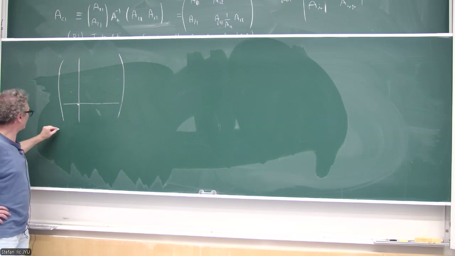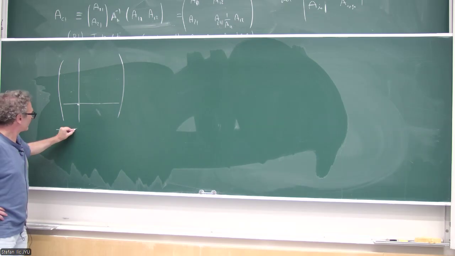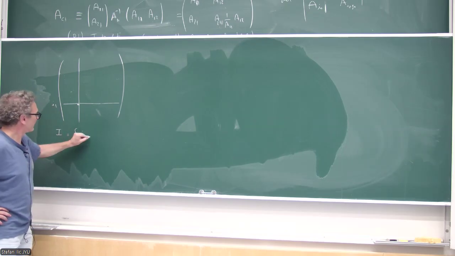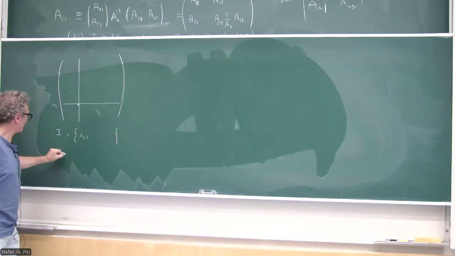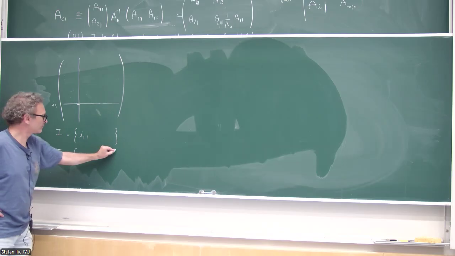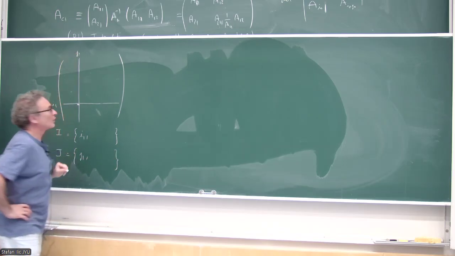So I'm going to make a list of rows. So I, for instance, here's the first one I call I1. I1. I will continue later. And then a list of columns, and the first one is J1. Okay?